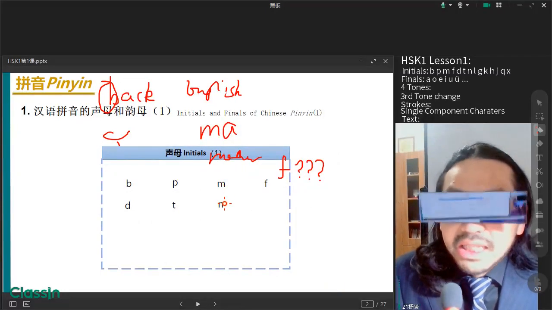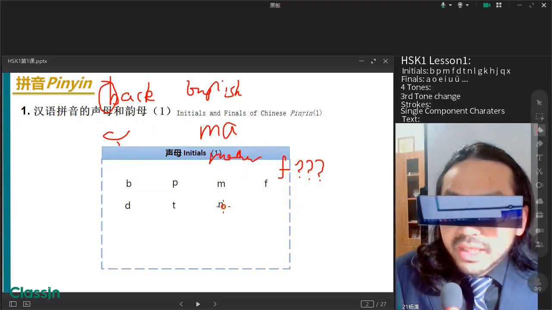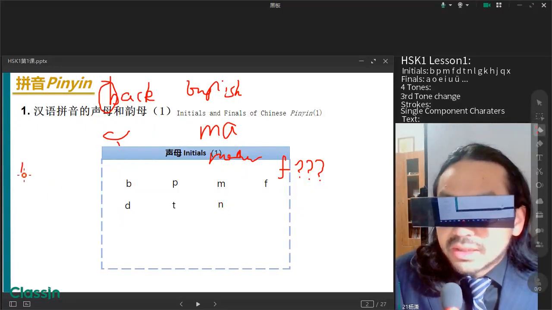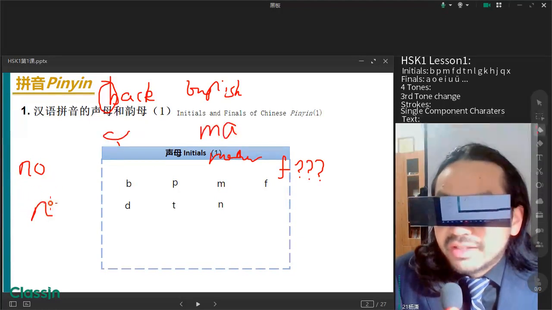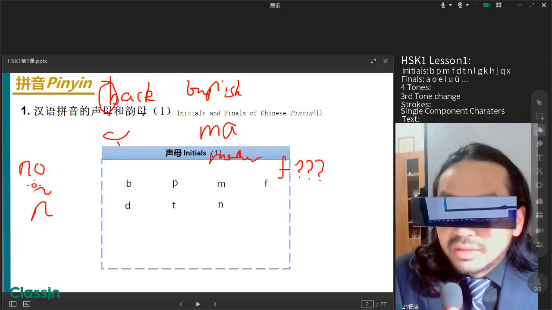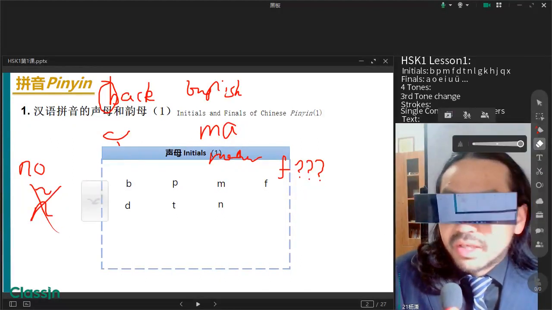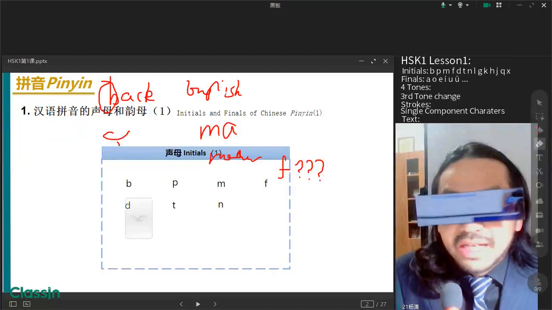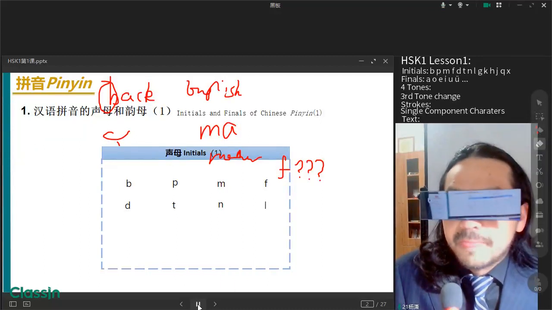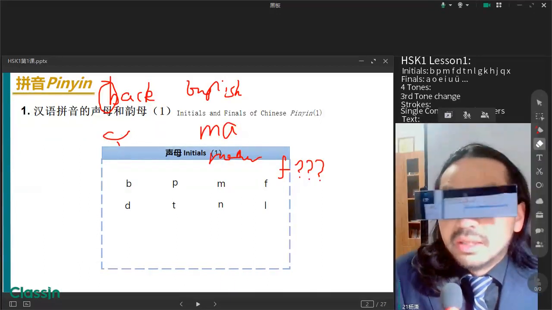Next one, 呢. Just like in no. It does not have any function with this letter. In Chinese, there's no such kind of thing. It's just pronounced as ne. It does not have any other sound. Next one, le.